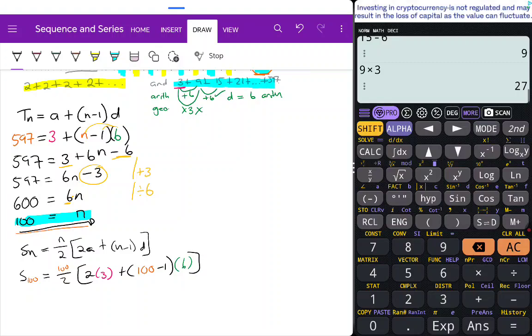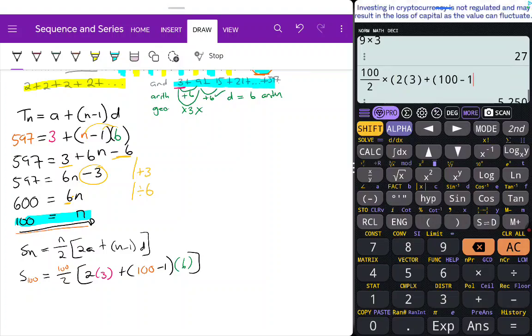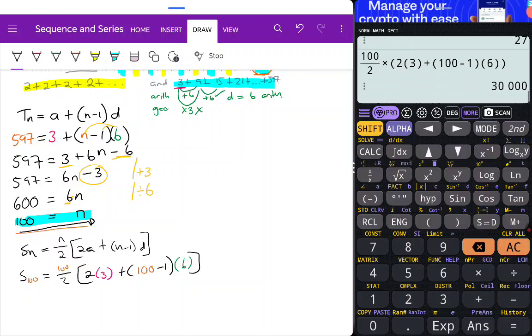And pop that into the calculator: 100 over 2, bracket 2, open 3, close, plus open 100 minus 1, close, 6, close. That gives us a total of 30,000. So S of 100 on the blue sequence is going to be 30,000.